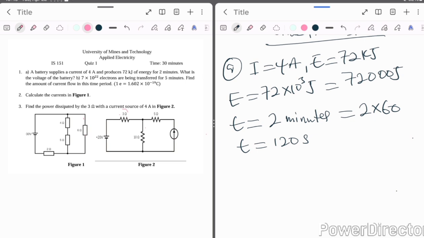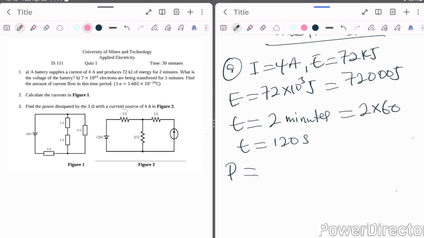Now we have to find the voltage of the battery. With what we have been given, we have energy and time. So with energy and time, I can calculate the power, because power is the rate of doing work. Work done is a form of energy.